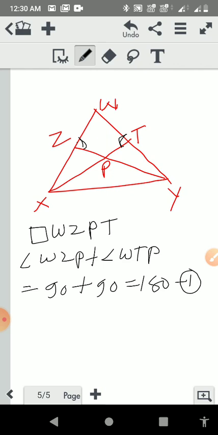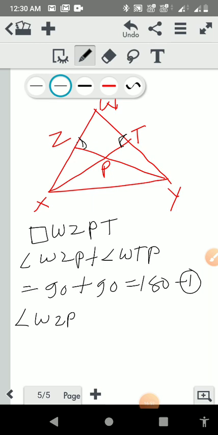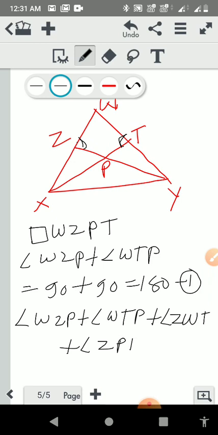Now if we see this complete quadrilateral, I can write angle WZP plus angle WTP plus angle ZWT plus angle ZPT, which is equal to 360 degrees, isn't it?